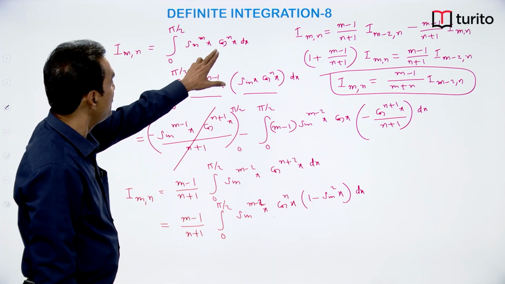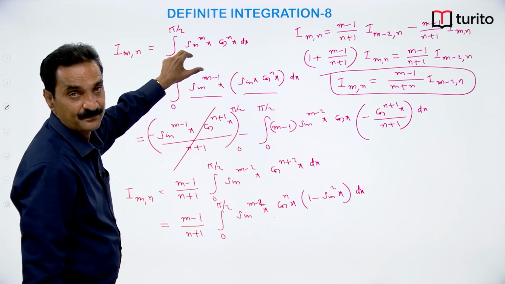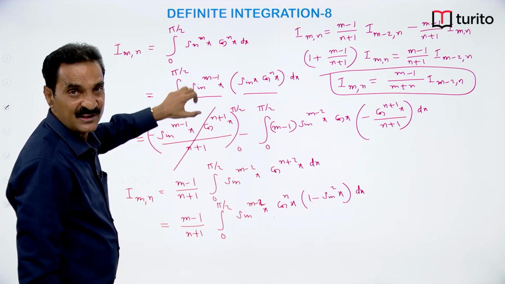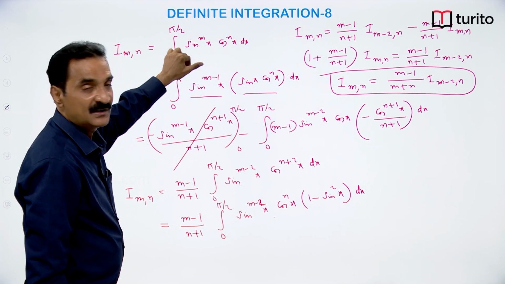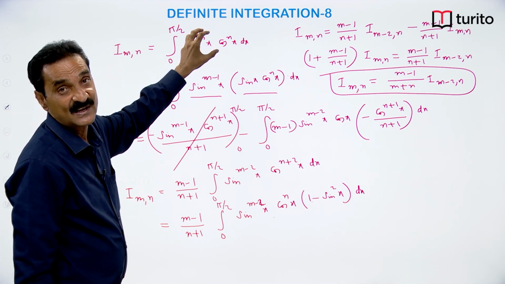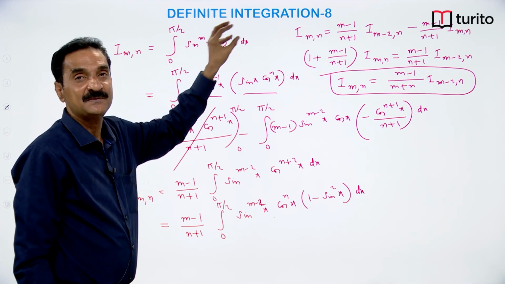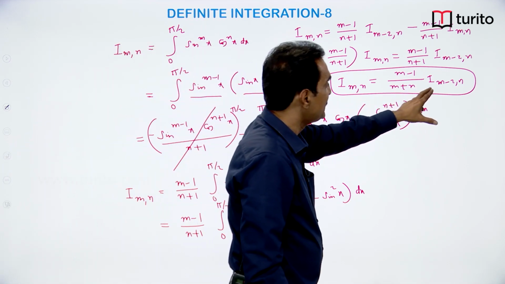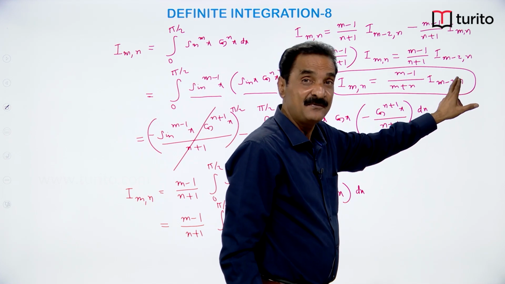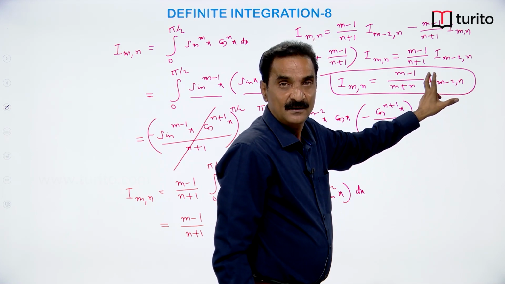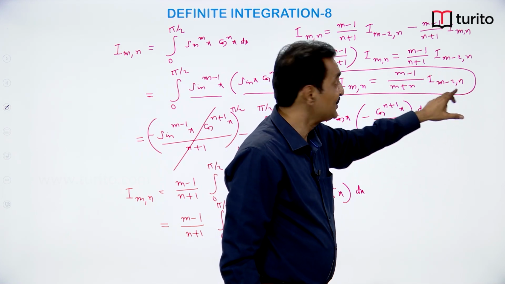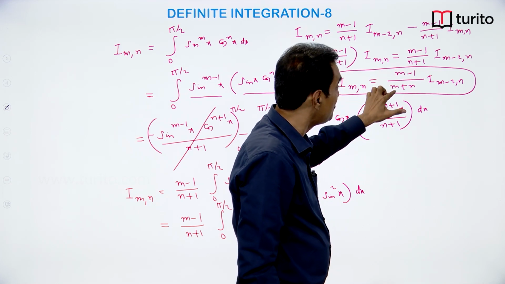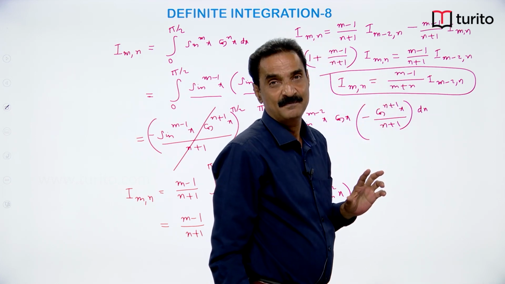In the same way, if you separate cos x and proceed in the same way, you have to take sine power m x into cos x as second function, cos power n minus 1 as first function, and proceed like this. Then you will get I m comma n minus 2, n will reduce, with n minus 1 by n plus m.